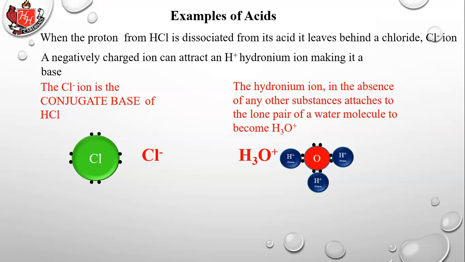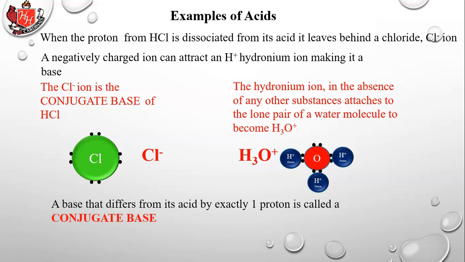In other words, if there's a hydroxide, an OH-, in the solution, then that hydronium would attach to the hydroxide. In fact, it always will. A base that differs from its acid by exactly one proton is called a conjugate base. Again, I'm being somewhat repetitive in this presentation to reinforce these points. Cl- is the conjugate base of HCl.